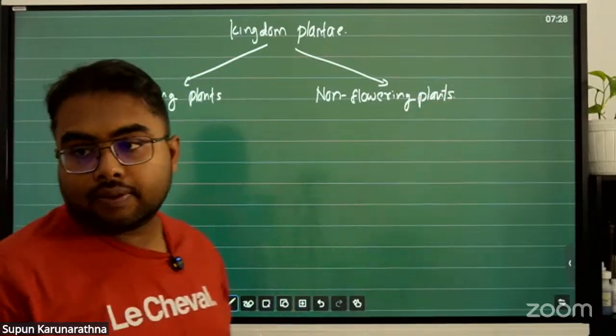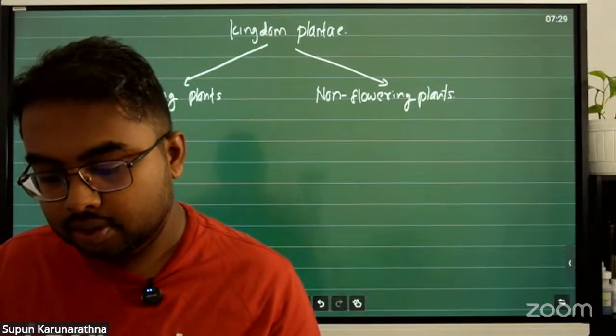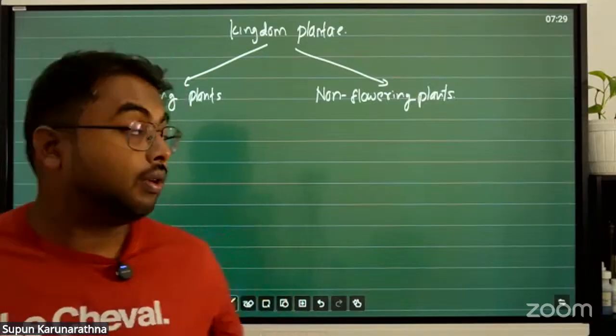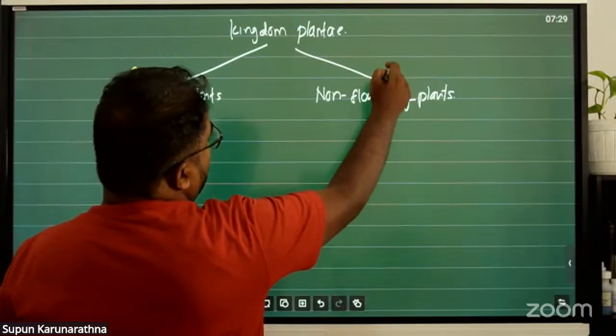A means flowering, B means non-flowering.